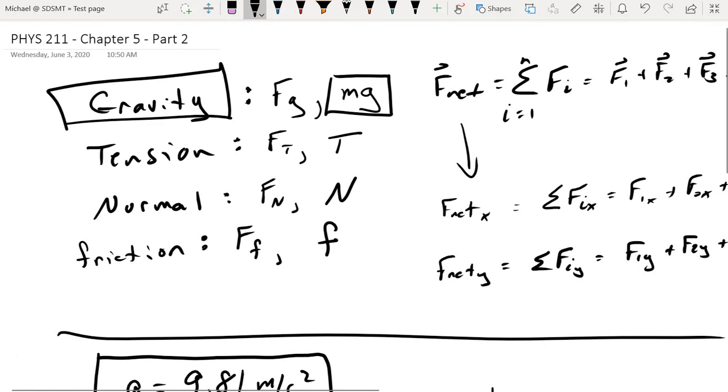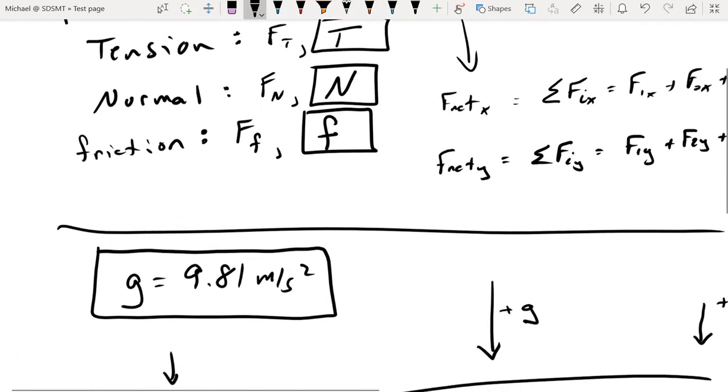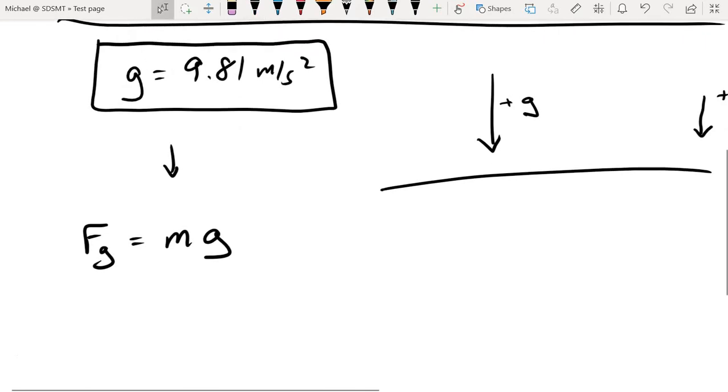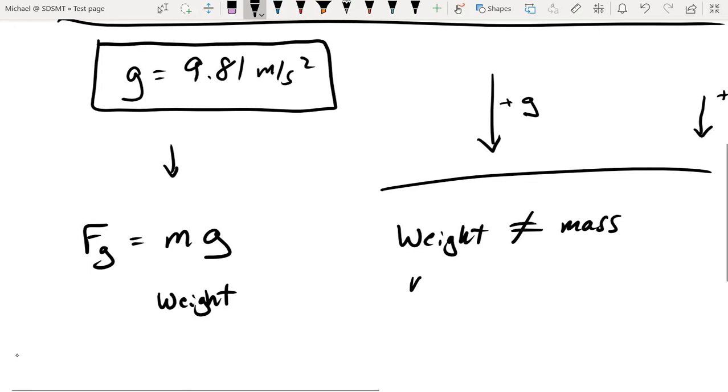And so this way, it's a lot easier to keep the different forces separate from one another in the algebra until it comes time to insert our numerical values. And so our gravity force, also known as weight, mg, do keep in mind that weight is not the same thing as mass. Weight is the force of gravity that acts on mass, but mass is just mass.